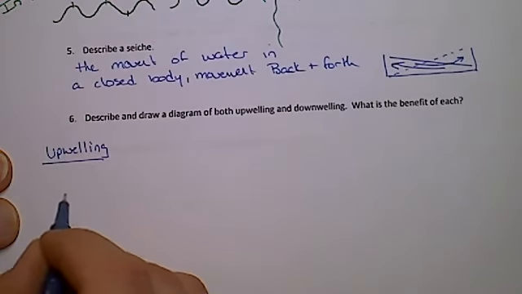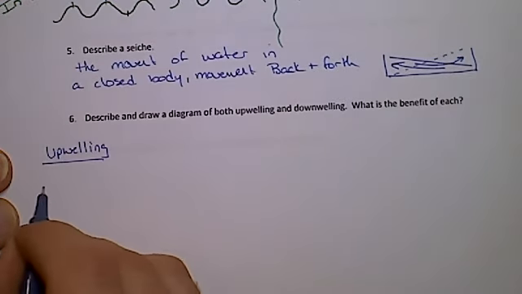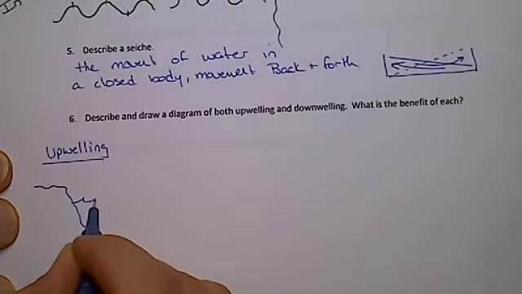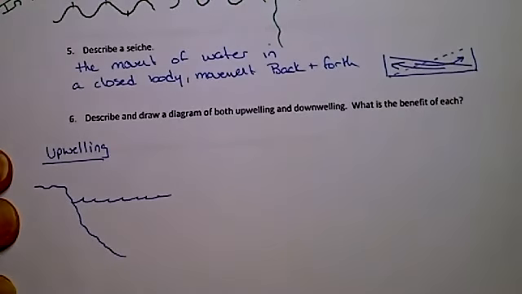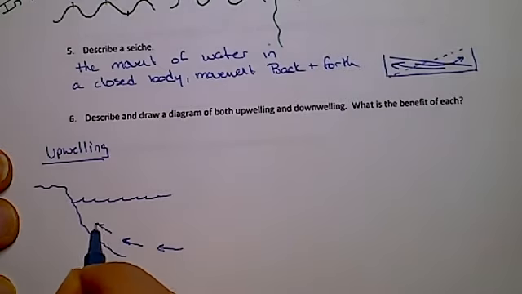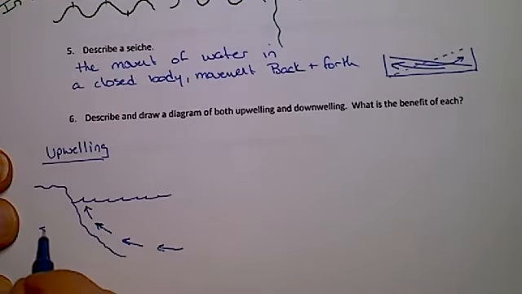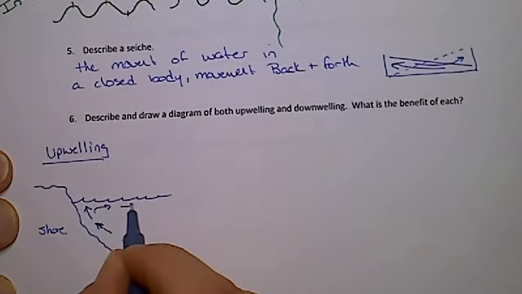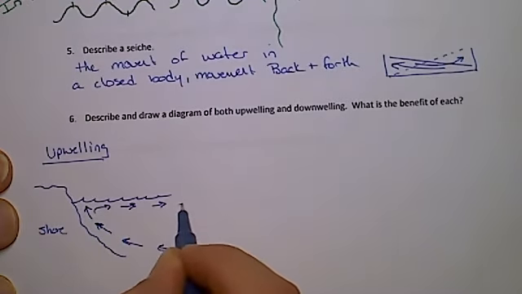So here is our shore. Here is our water. This water will move in this direction, travel up the shoreline, and then from here it will turn over and travel out.